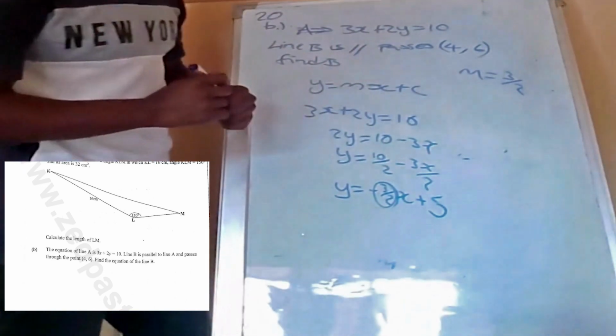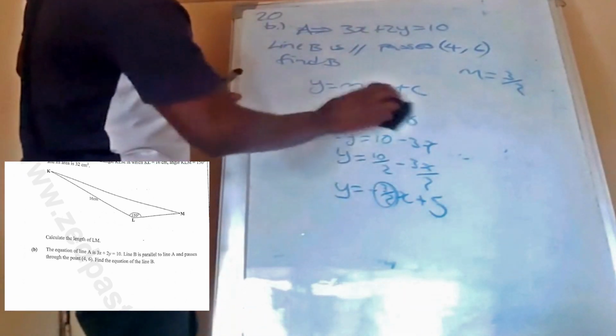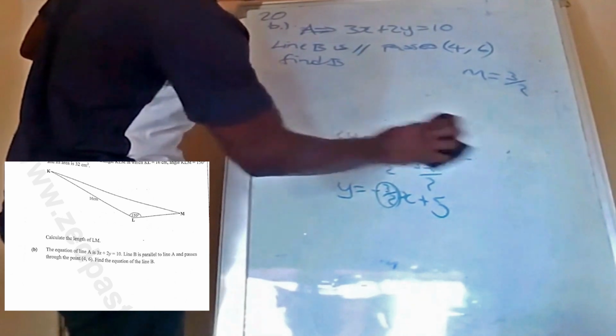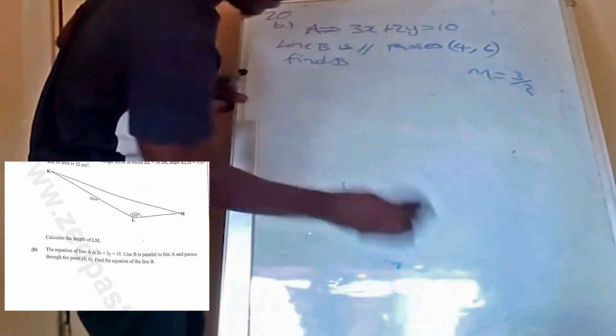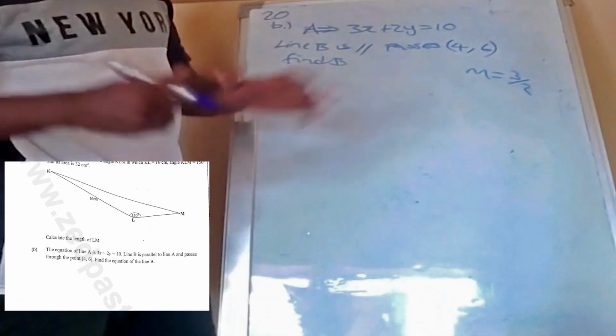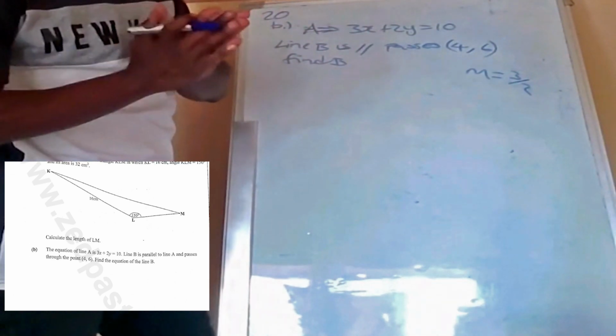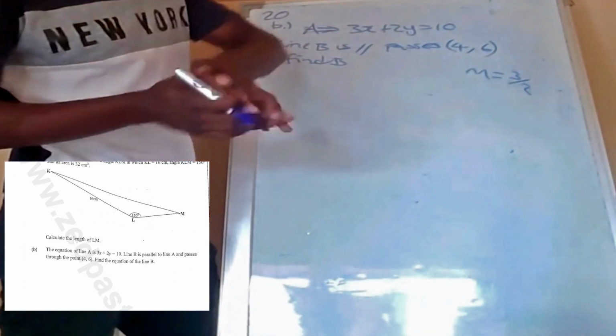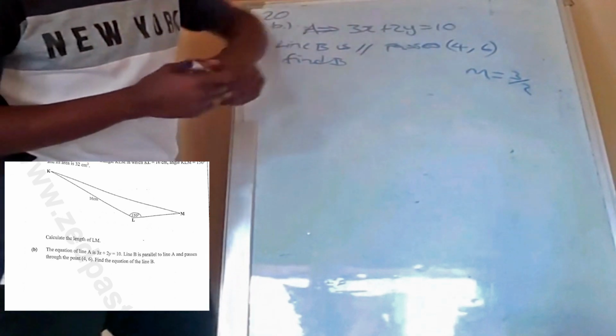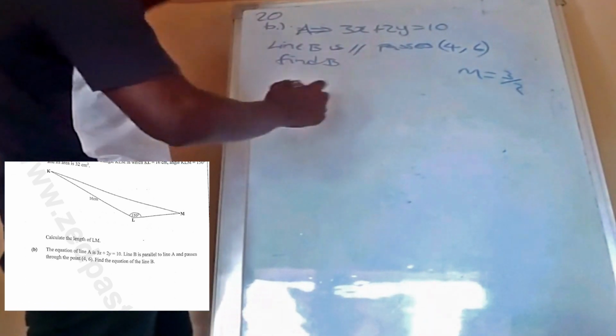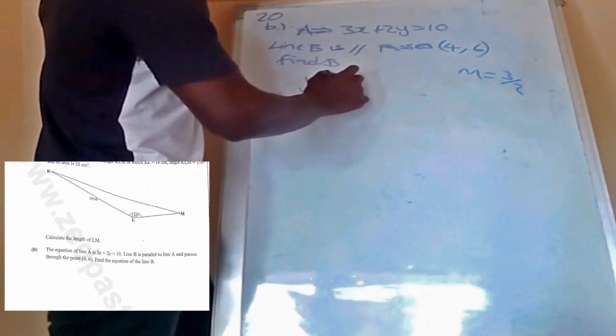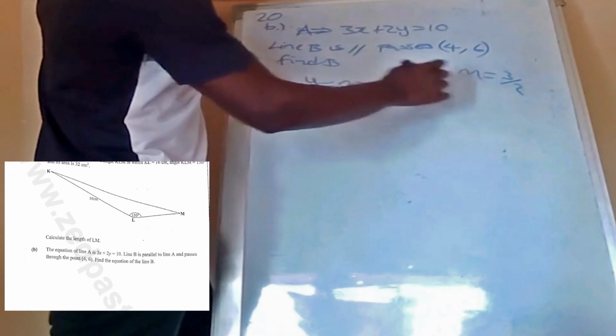Okay, we've got 3 over 2 as our gradient, and that is what we're going to use to find the equation of line B. So since they are parallel, same gradient, just plug it into the equation, find the constant, and you're done. So we know again y equals mx plus c.